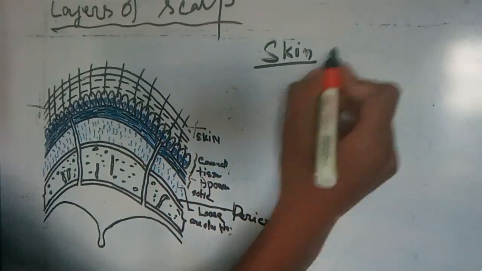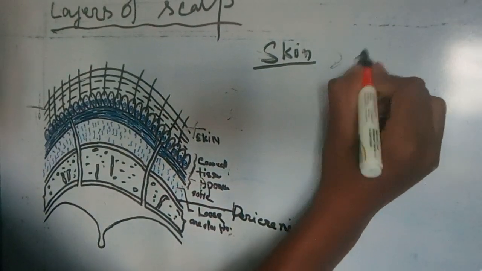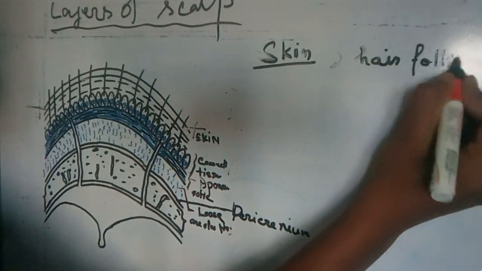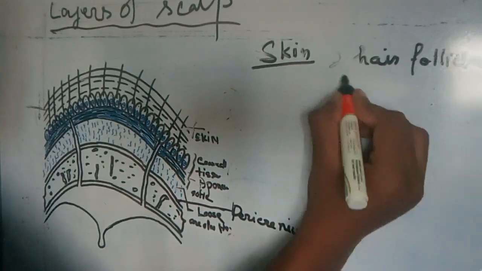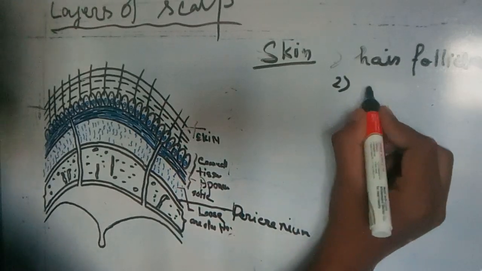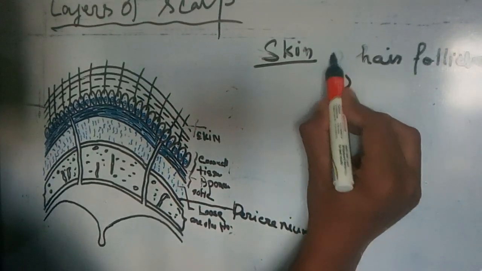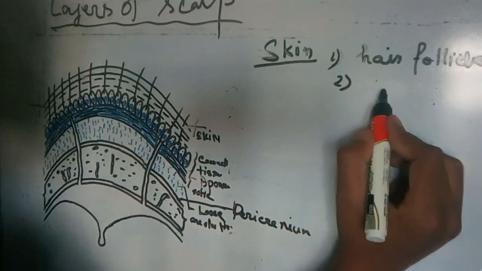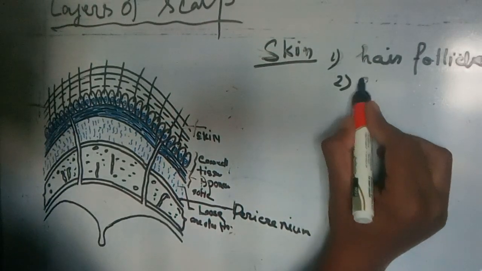So the characteristics of the skin layer are: number one, hair follicles. Number two, sebaceous glands.